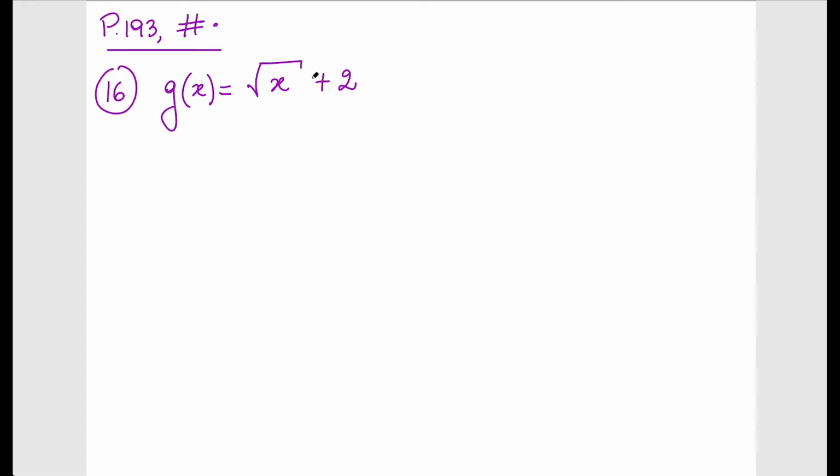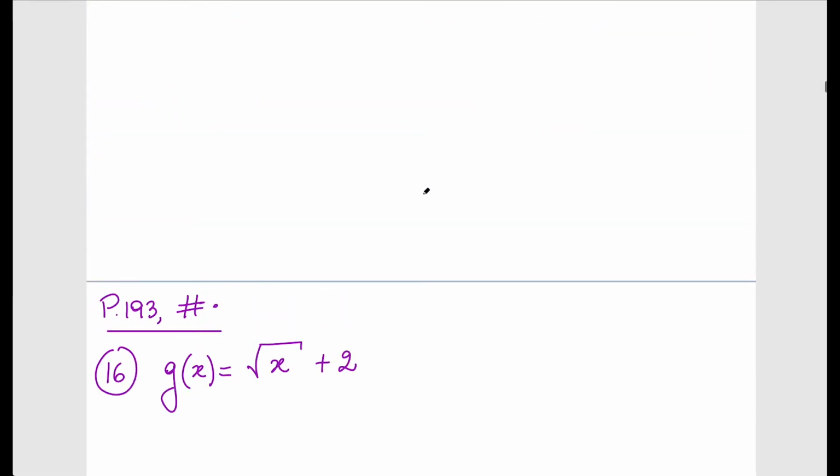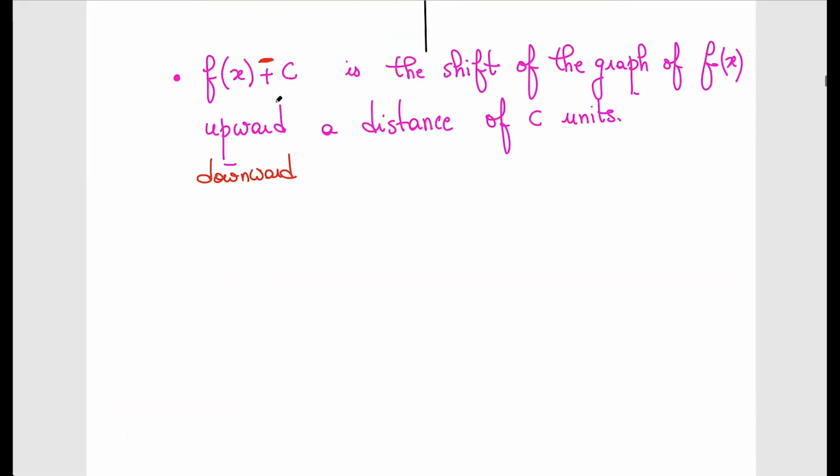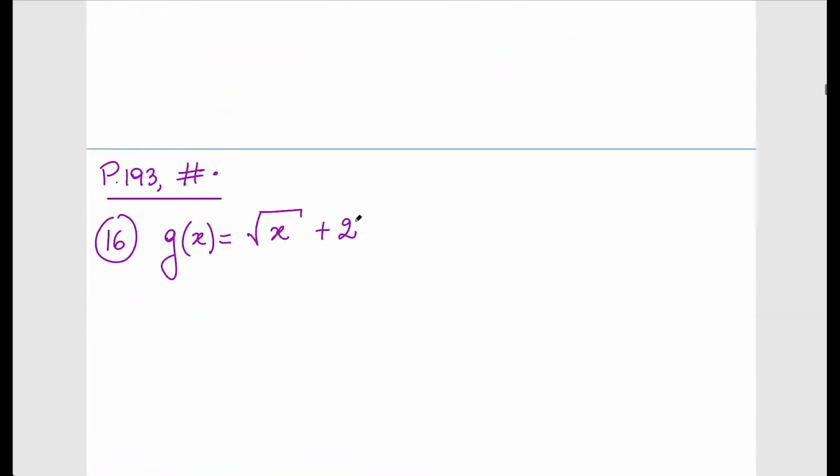Since I know how to graph this guy, now according to the finding that we just discovered above, the pink one, f of x is going to be the square root of x plus that constant 2, which is positive. What I'm going to do is graph the function f, which is the square root, and then shift it upward a distance of c units, and the c happens to be 2 here, right?